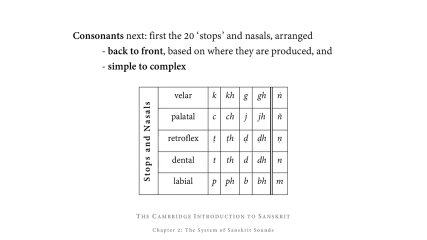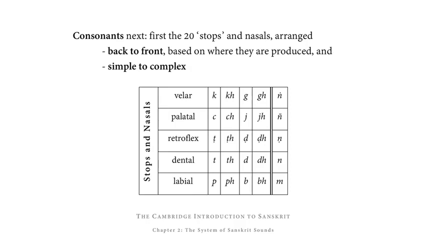After the vowels, we come to the consonants, and among those we first have the 20 stops and nasals. Stops are so called because in order to pronounce them you stop the air somewhere in your mouth. And the nasals are so called because in order to pronounce them you open the connection between your mouth and your nasal cavity, and so your nose vibrates along with your mouth.